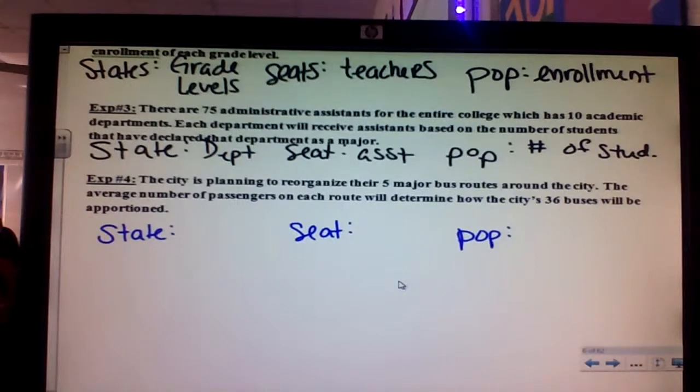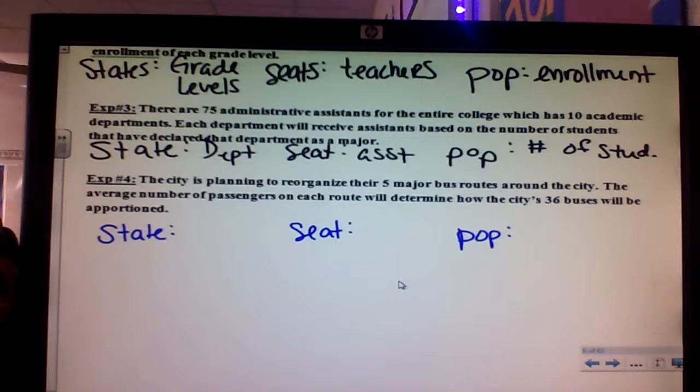Your population's right. Everybody gets caught up between city. Your states are not your city. Your states here were what? Your routes. Okay.